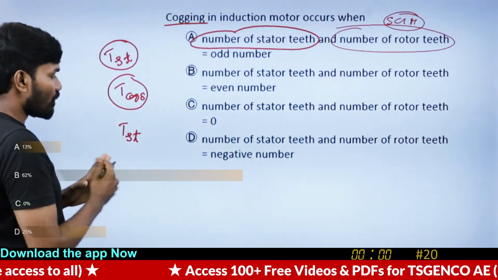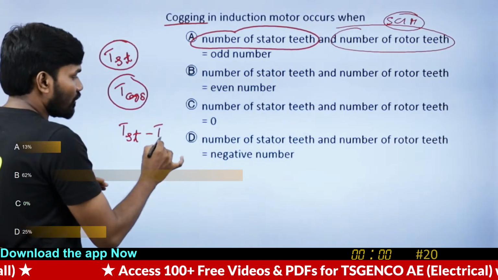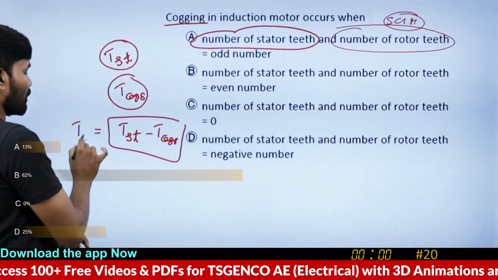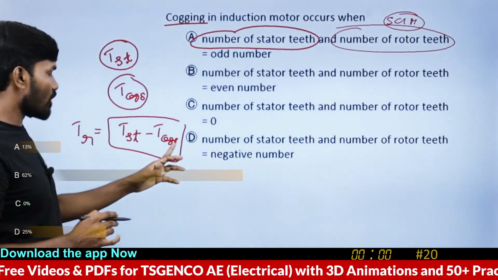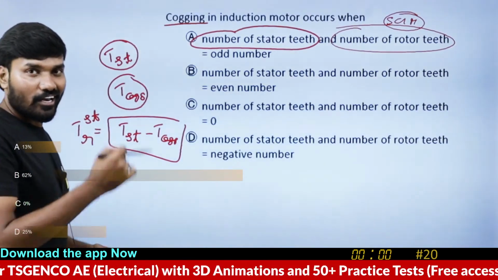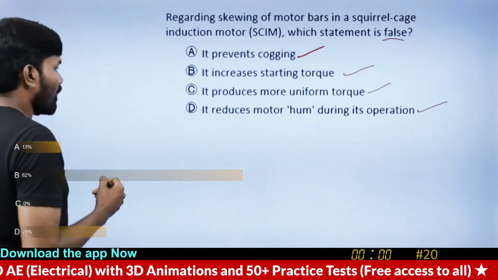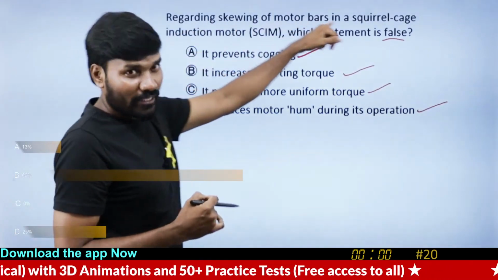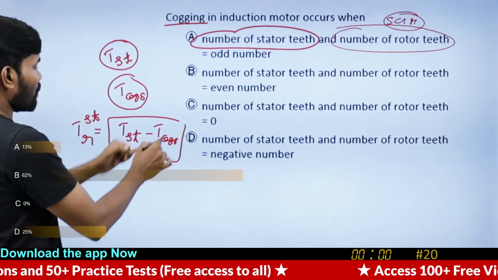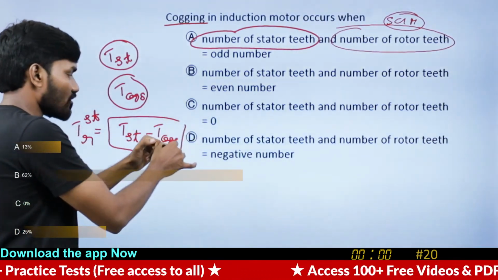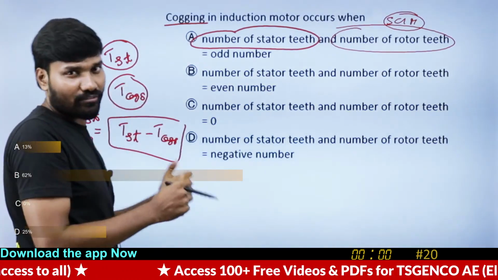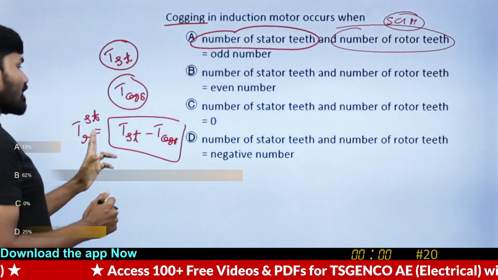This is an opposite torque. So the resultant starting torque is the starting torque minus the cogging torque. Because of skewing, you are reducing this cogging torque, making it nearly zero. So the resultant starting torque will increase.